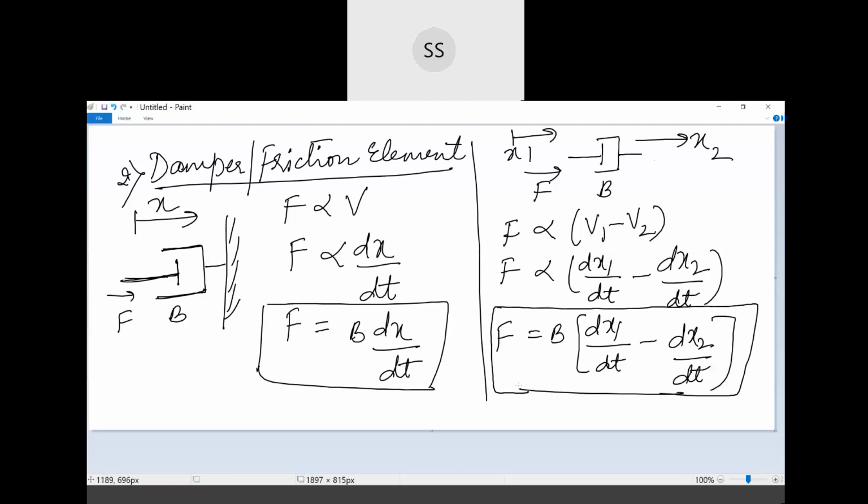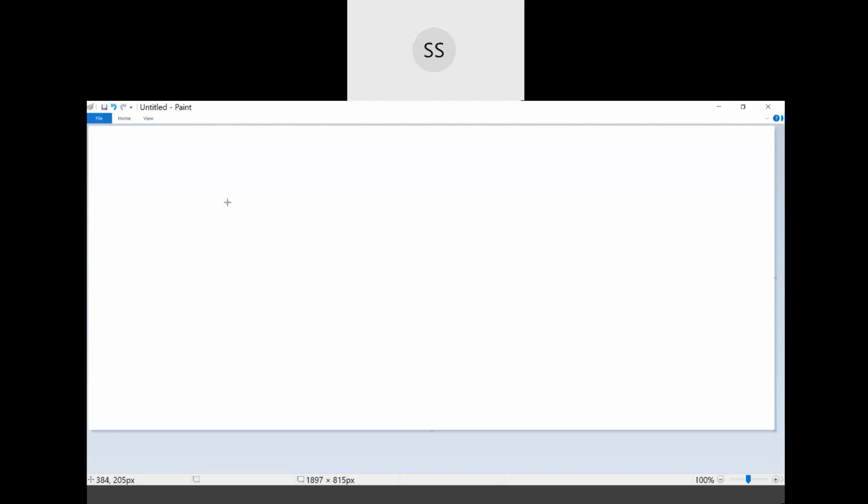Still we have another element, that is the spring element. For the spring element, the representation will be the third one.